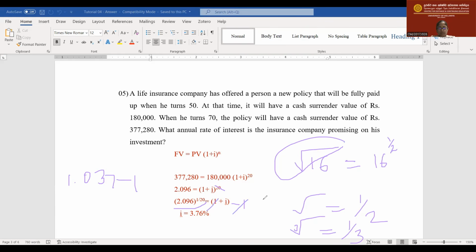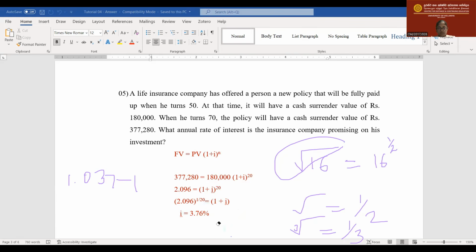Since these are basic mathematics, I won't test that knowledge here. So 1.037 minus 1 is 0.037. To get the percentage value, we multiply by 100. Therefore 3.7 is the answer. Clear? This is what you have to find.